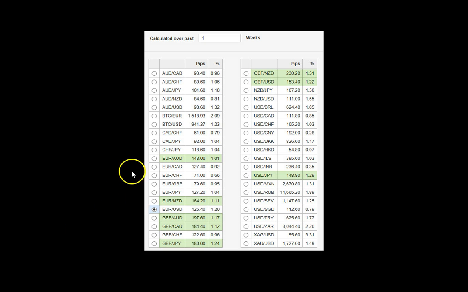So what I tend to do is use a volatility calculator to see how much volume we've seen over the prior week, and that would then give me a bias or a rough idea of what pairs have moved, and subsequently those are the ones I'm going to look at to see if there's any continued movement within this week. So what I've done is I've used a tool and I've calculated the volatility over the previous week, so one week's worth of data.